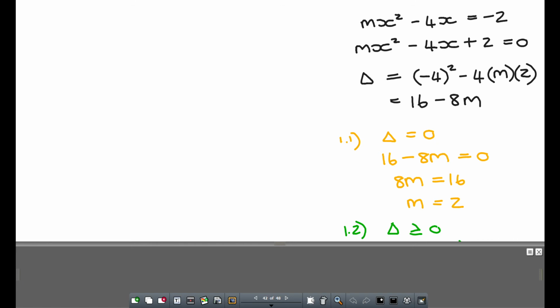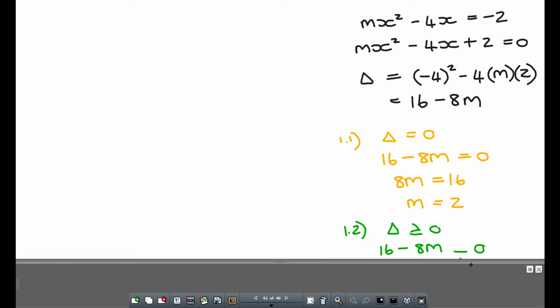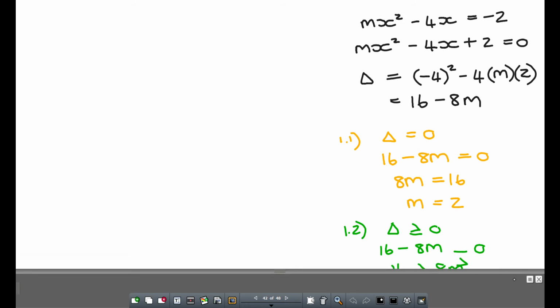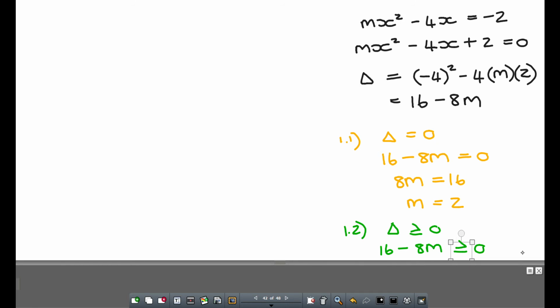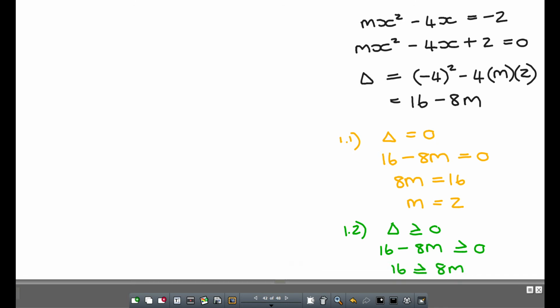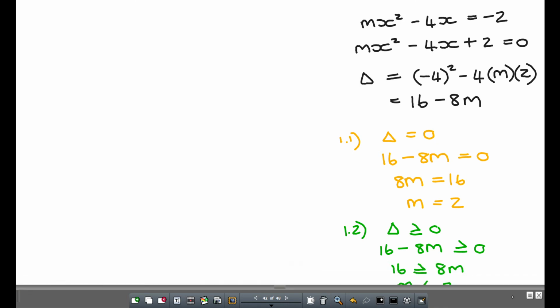Okay, so dan sê ek 16 minus 8m moet wees groter en gelyk aan 0. Wat beteken dat 16 is groter en gelyk aan 8m.